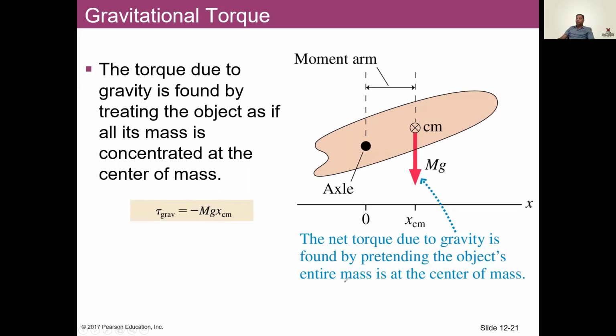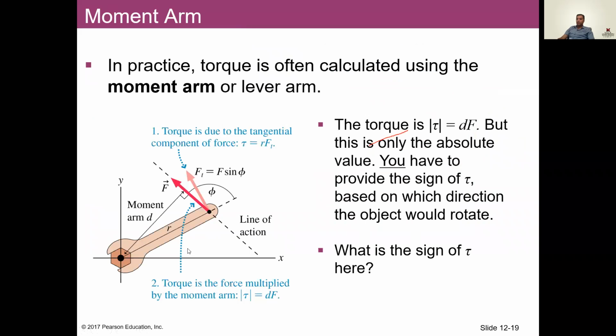Oh, and remember, we didn't use this length. We used this length because we needed the perpendicular length, right? If you think of the previous diagram, here we go, you have to find the perpendicular distance from the pivot to the application of the force.